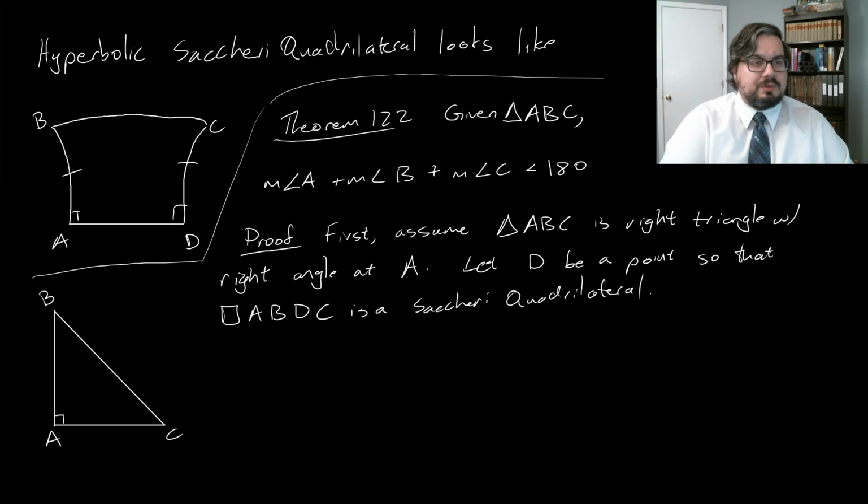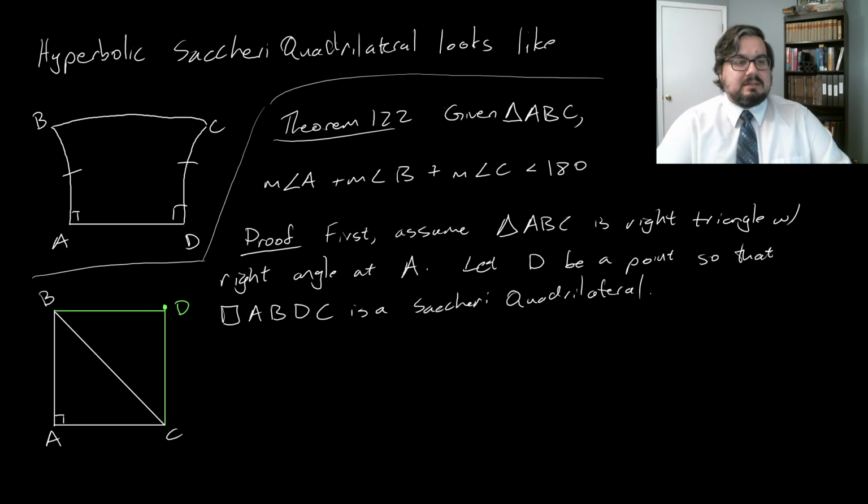So we can choose the point D up here in such a way that the line CD is perpendicular to the line AC, and get a Saccheri quadrilateral like this. And we can use this to show that the sums of the measures of the angles at B and C are less than 90.